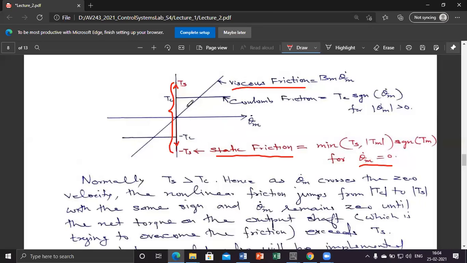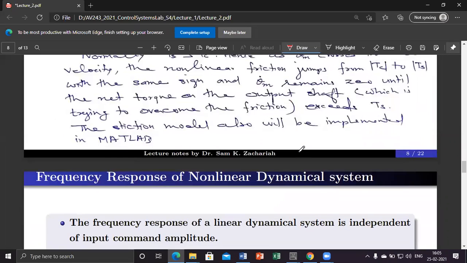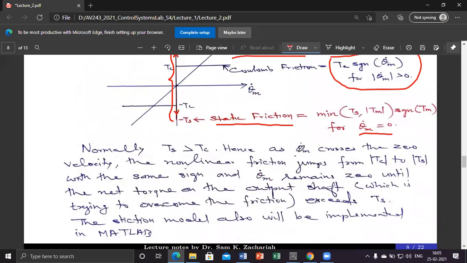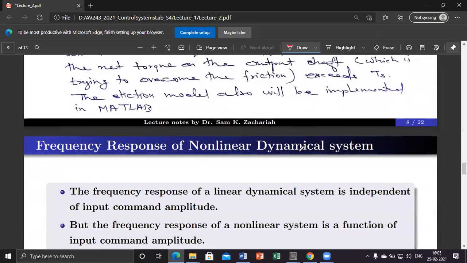But for the time being, we use only these two friction models. These we have already taken care of in the motor equivalent dynamics, the Bm value, BL, etc. Now we will take a simple signum function friction alone, and the static friction model we will take subsequently. This nonlinear portion is finished.